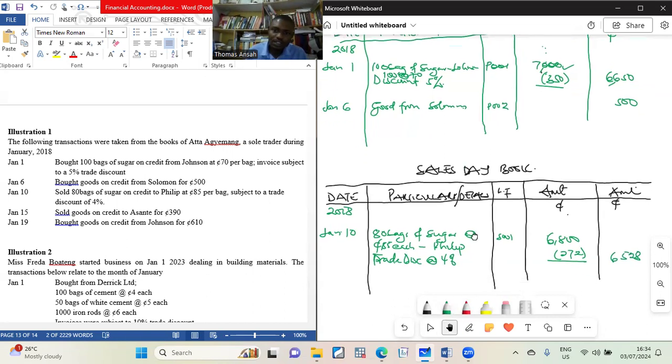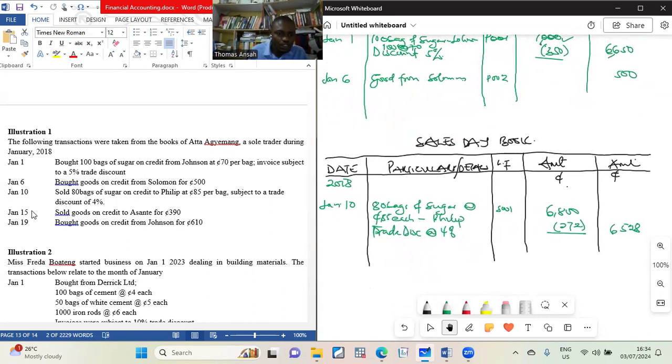So that is how you go through it. Then they said they sold goods to Asante again. Which date? You have January 15. So goods to Asante, straight 390.